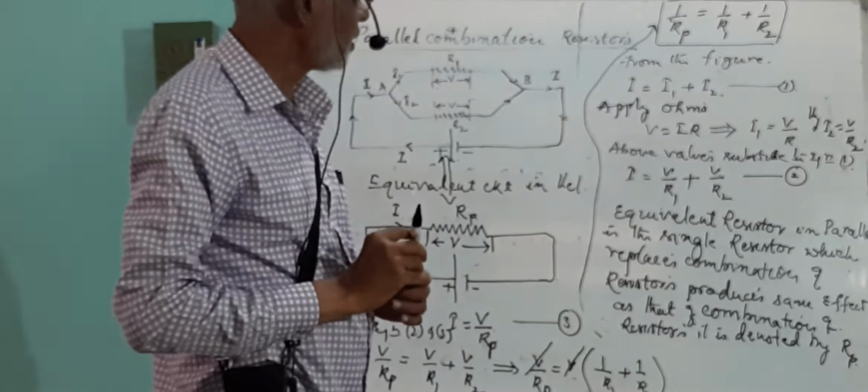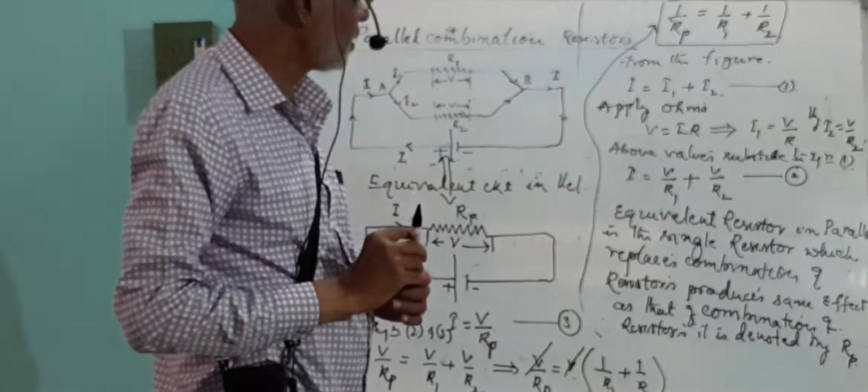So this is the law: it is equal to the sum of the reciprocals of the individual resistors. Once again I will read it: 1 upon Rp you have to read as the reciprocal of equivalent resistance in parallel combination.